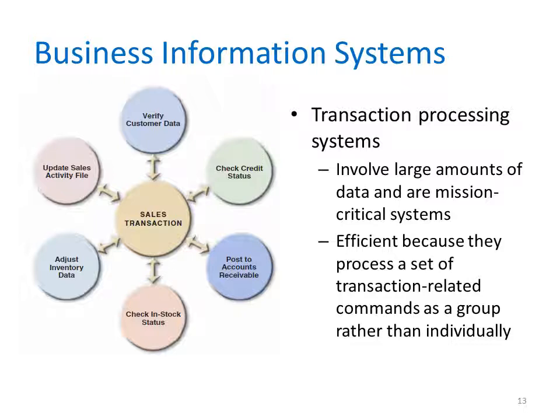If I'm approved and my credit is available on my credit card, then they will go ahead and post it to accounts receivable while simultaneously checking to see if it's in stock. If it is, it'll set my book aside and adjust the inventory levels appropriately, and then it'll update the sales activity file. It will also send a notice to the shipping department to package and ship my book out to me.